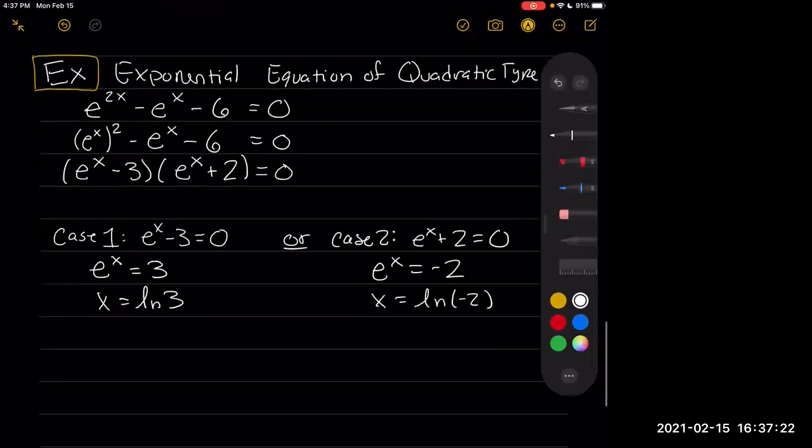But here, negative 2 is not in the domain of ln of x, so it does not have an output.